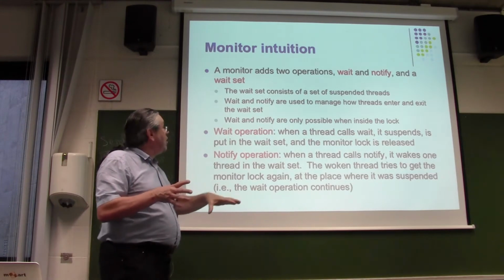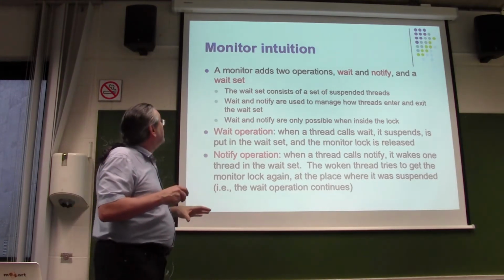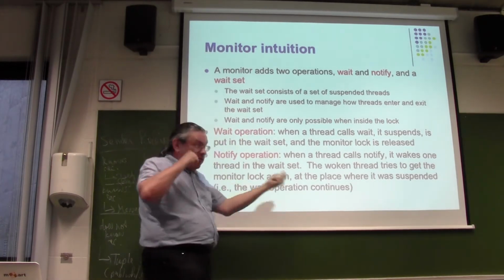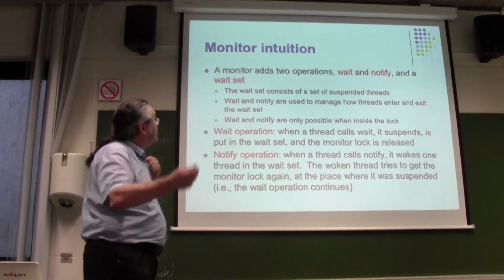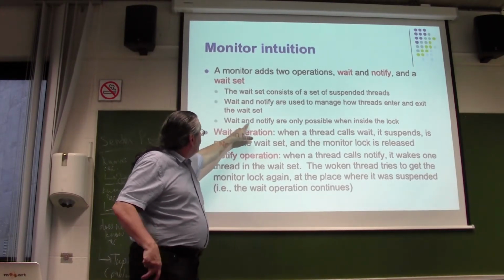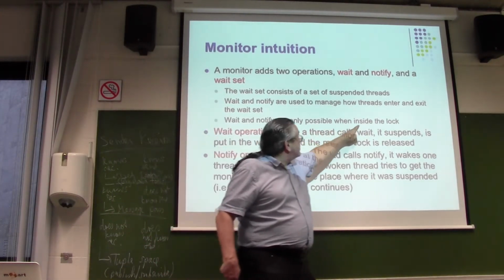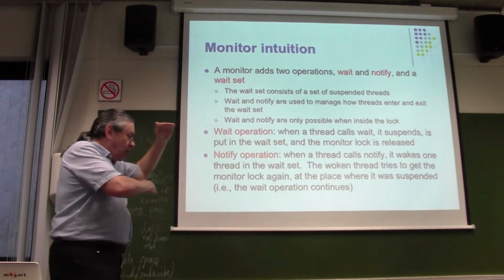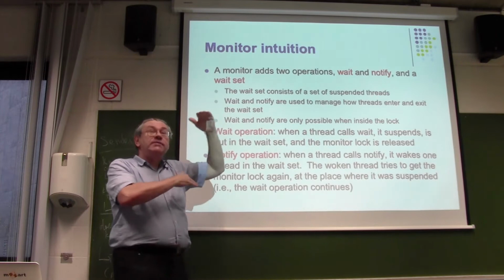When they try to use the monitor, they might suspend. And wait and notify are how the threads talk to each other. Notice the wait and notify operations, you only do them when you're inside the lock, never outside. They're part of the lock, and you should only do them inside the lock.